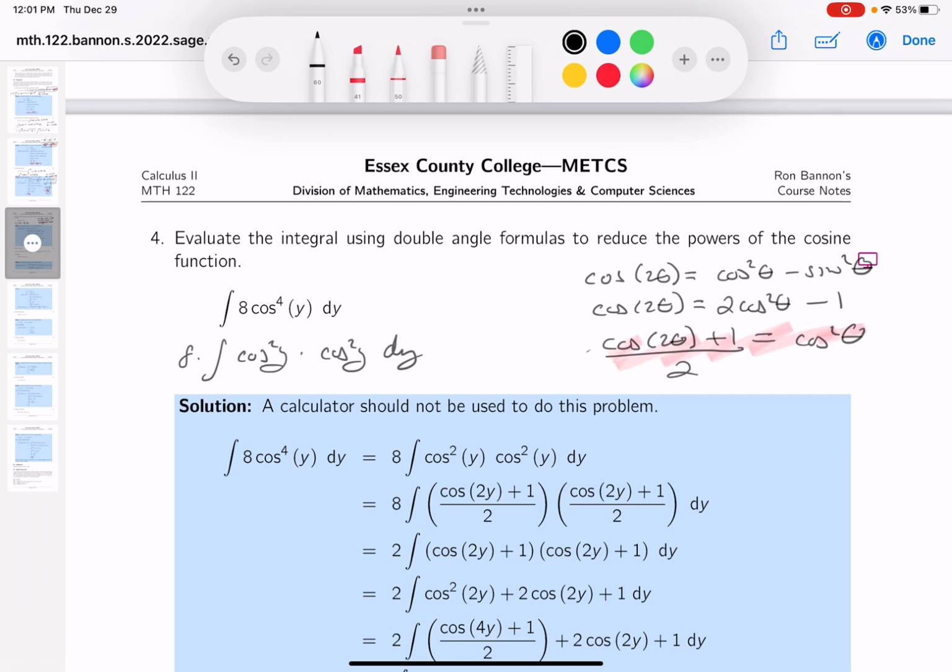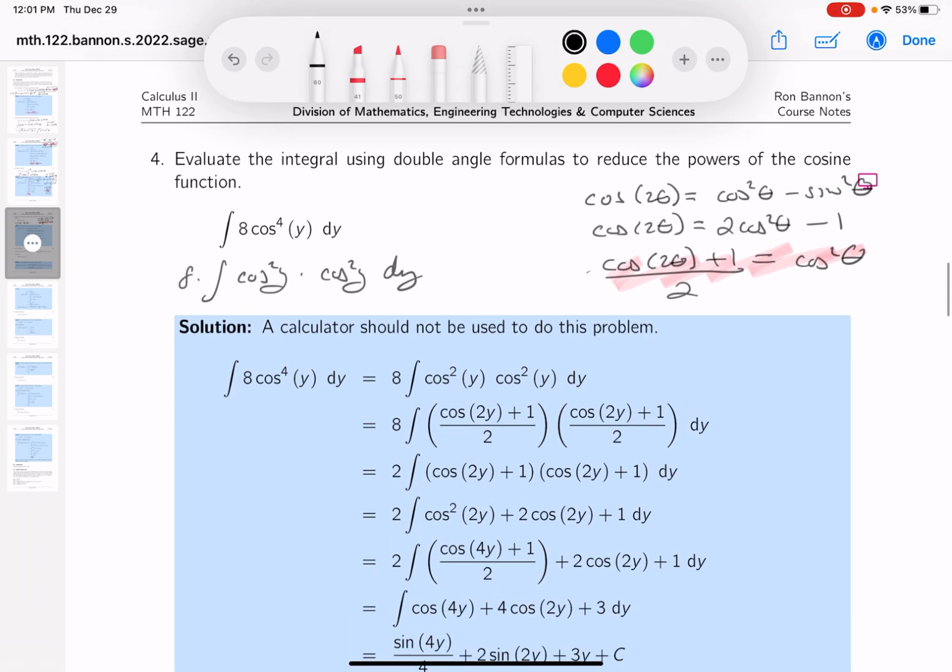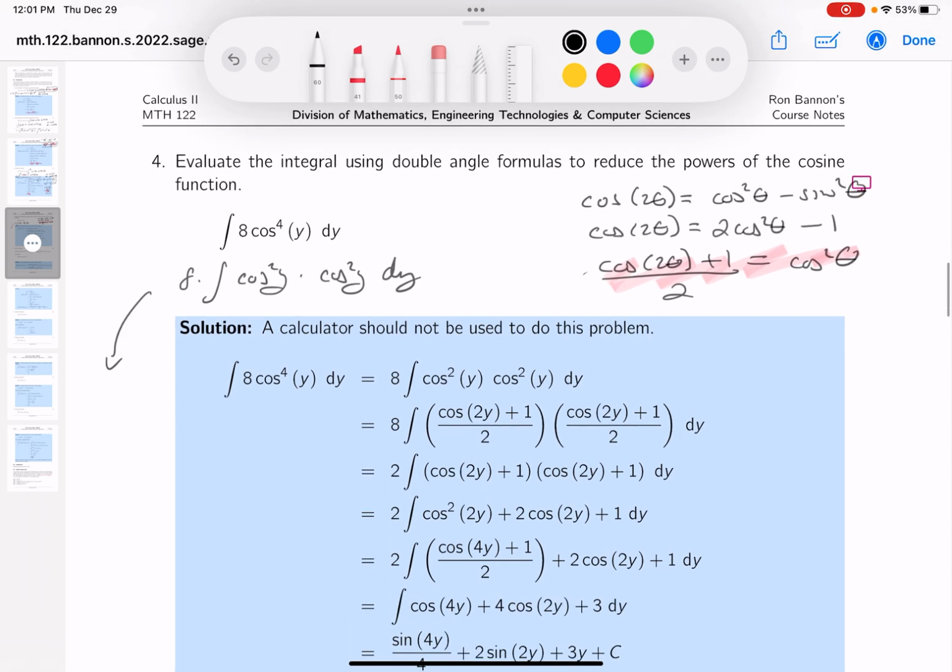So 8, and the cosine squared, looking at this over here, is going to be cosine of 2y plus 1 over 2, but I do see it twice. I'll put a square there.